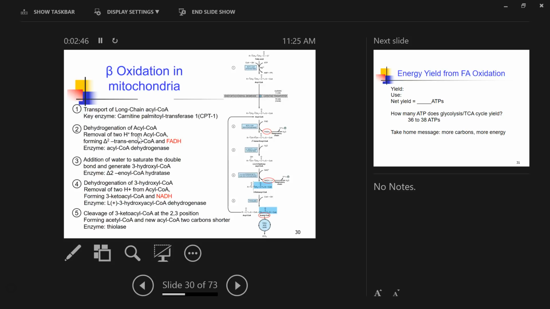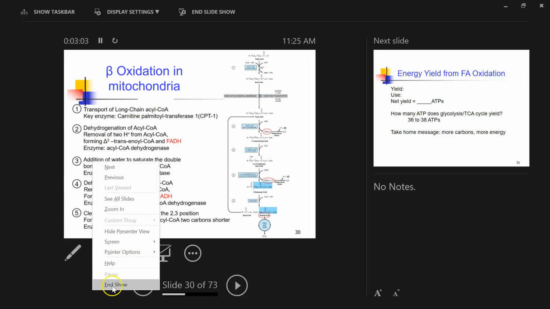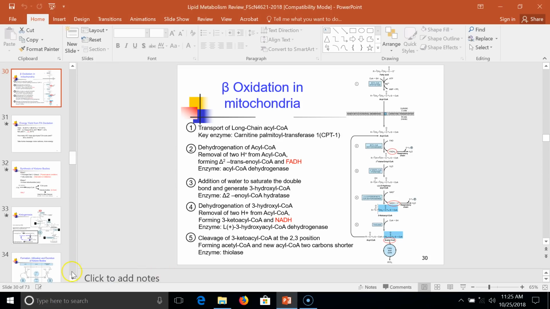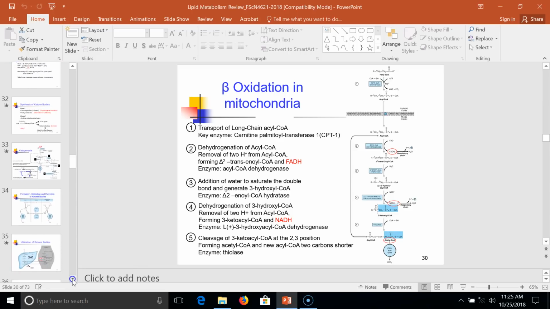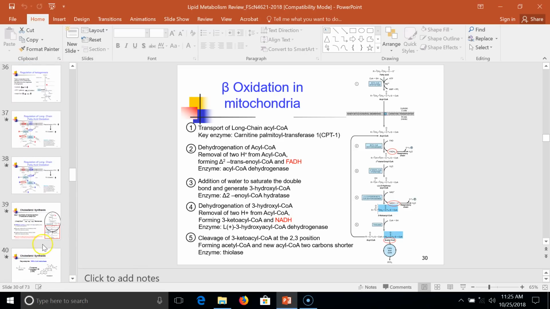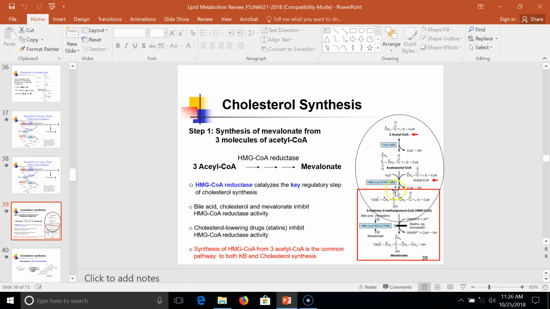Which one is found in the cytosol of other cells and is involved in cholesterol synthesis? The HMG-CoA synthetase, right? I think we have a slide. Okay, so this is the enzyme that is involved in both pathways, cholesterol synthesis and also ketogenesis.